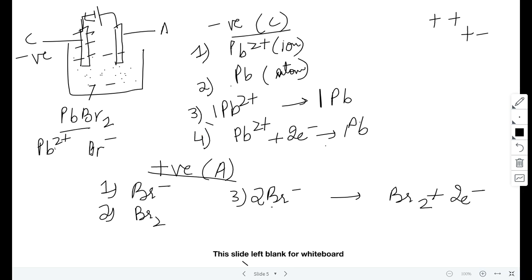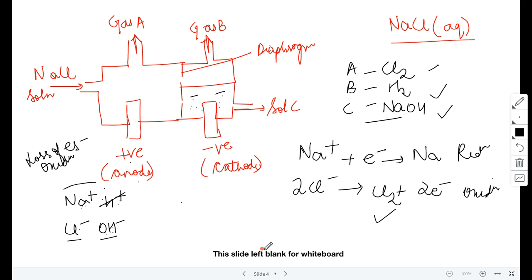So now in the case of chlorine, sodium plus this thing will happen at the negative electrode, right? So at the anode, what will happen? This will happen.